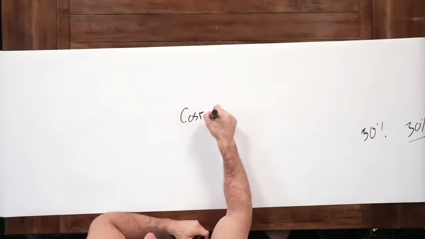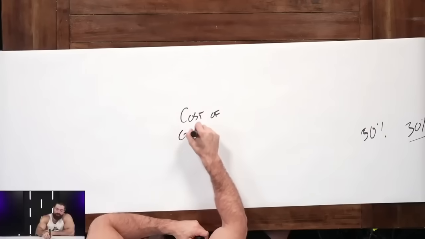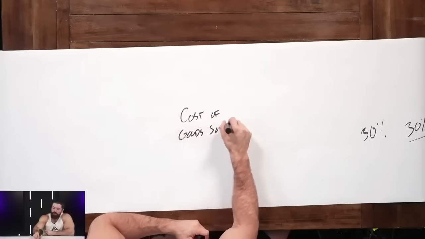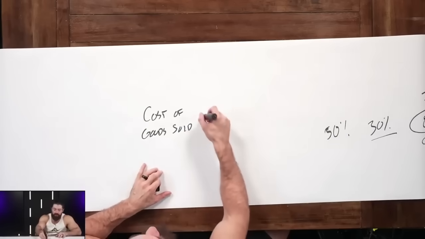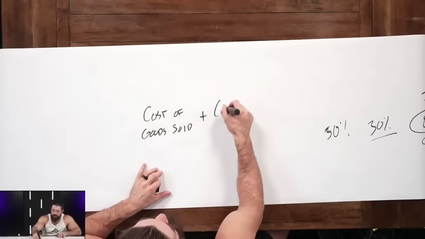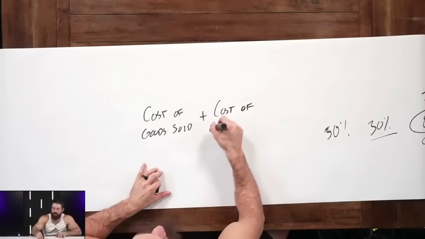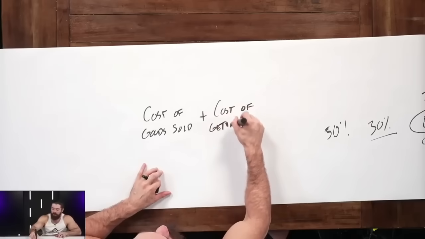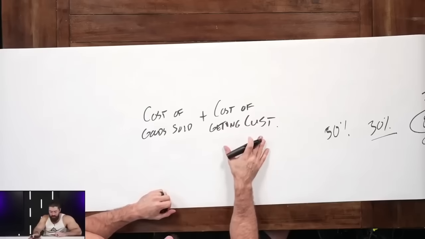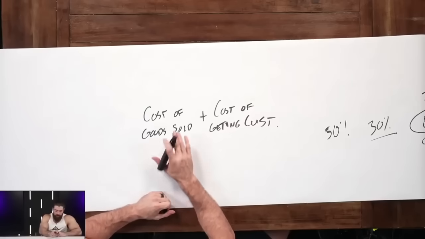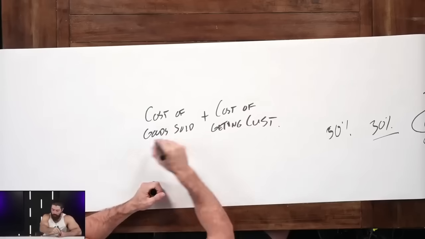I'll just write out cost of goods sold. Now the goods sold can be services too, to be clear. So it's cost of goods sold, how much it costs you for the stuff, plus cost of getting the customer. Okay? So if we have the cost of getting the customer and the cost of whatever we got them, we want both those things together.